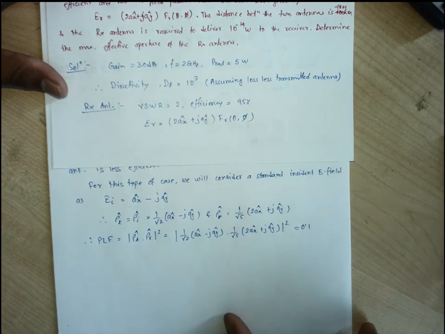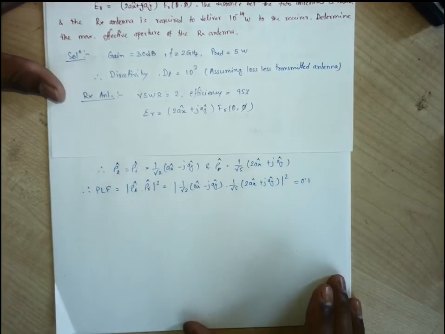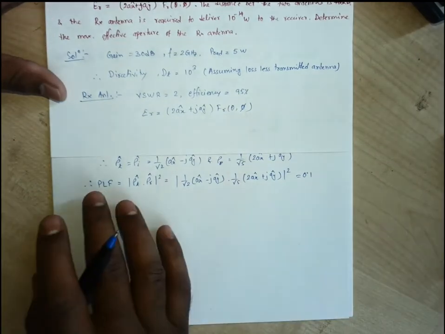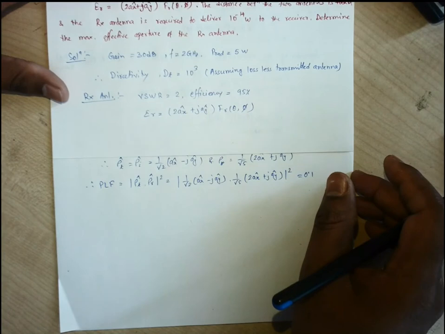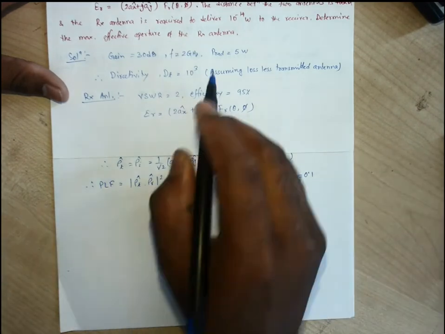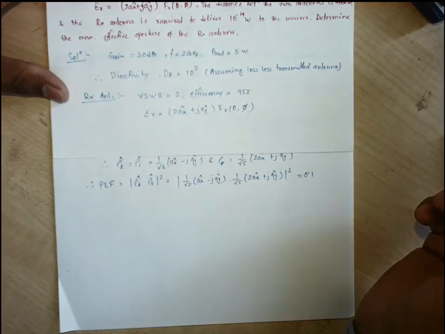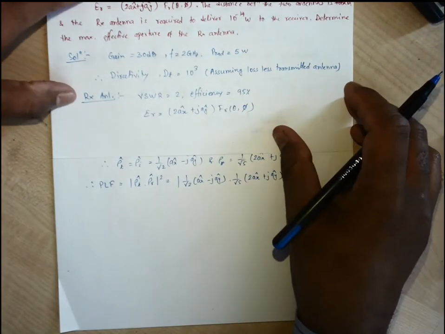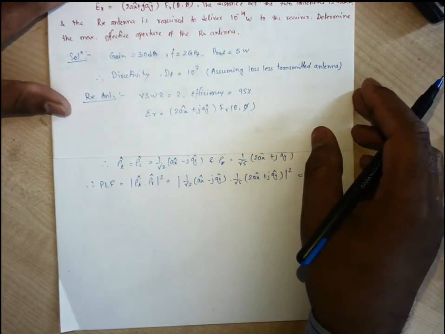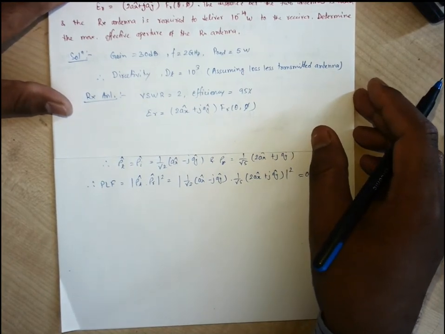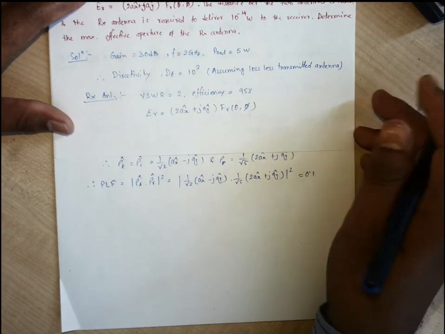Fine. So now we'll put all these parameters on our Friis transmission equation. So we need to find out the aperture of the receiving antenna. Okay. So if we can able to find out the directivity of the receiving antenna, then we can easily find out the aperture, because it is having the relation with the aperture.